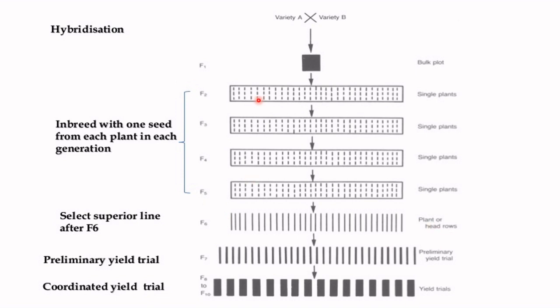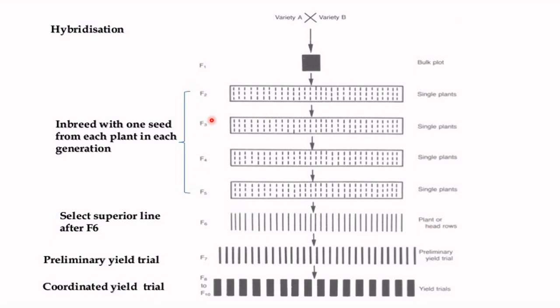But what is the significance of growing so many generations? Growing so many generations increases the homozygosity, which fixes the genes, and it is much required to be released as a variety.